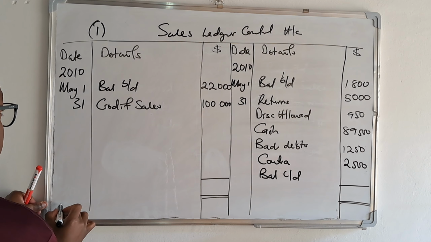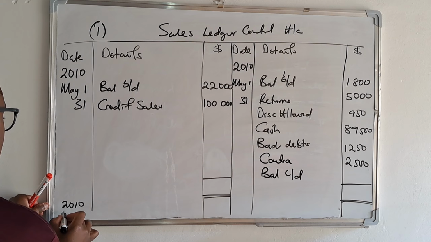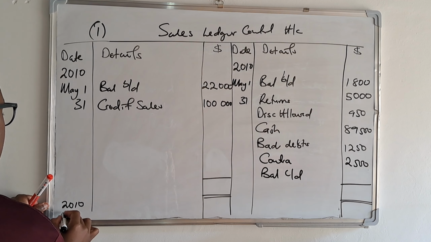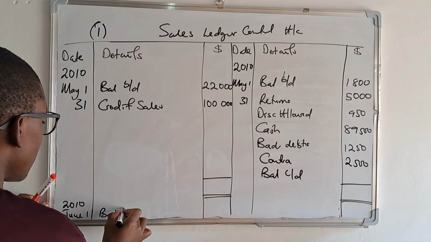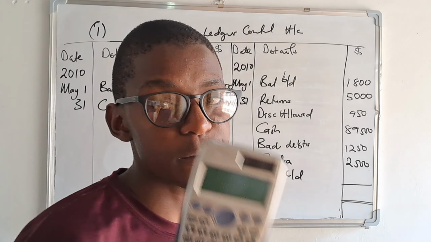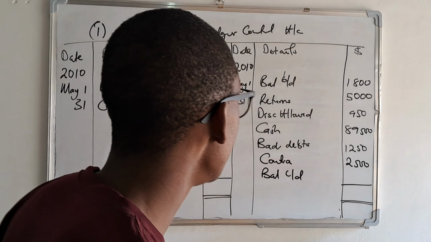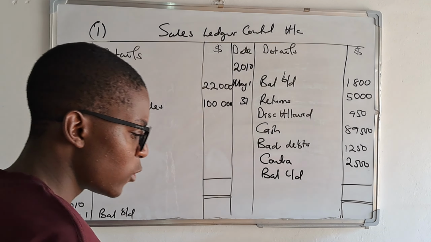Before you balance off, you need to know that our balance CD comes here, 2010. This was May. We are going to have June 1 balance BD. Make sure you have your calculator to calculate. If you add this side, 100,000 plus 22,000, I forgot something.